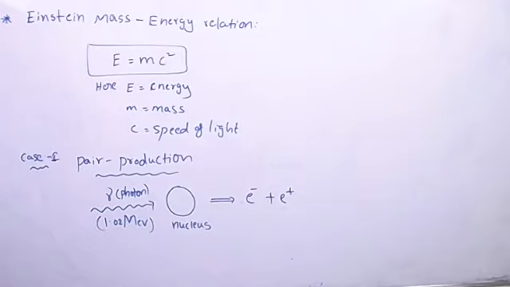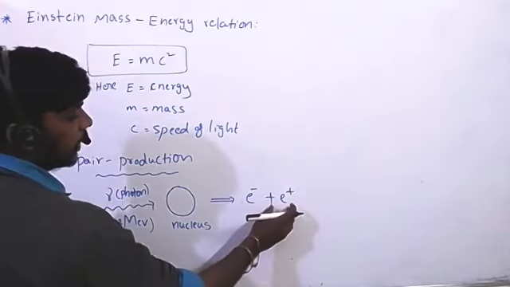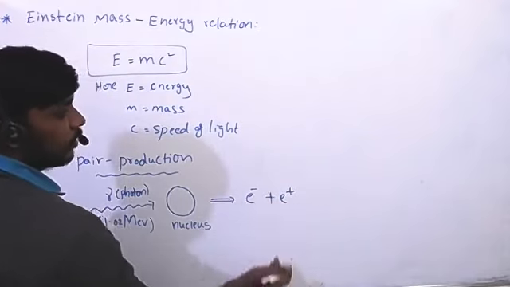So here, energy interacts with the nucleus, and then we get mass. Right now, a positron is nothing but an anti-electron.